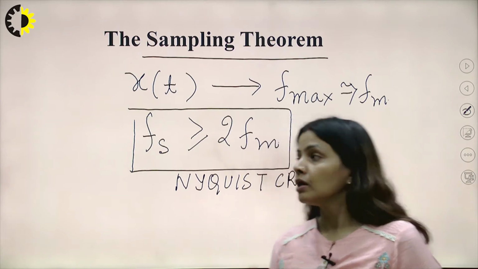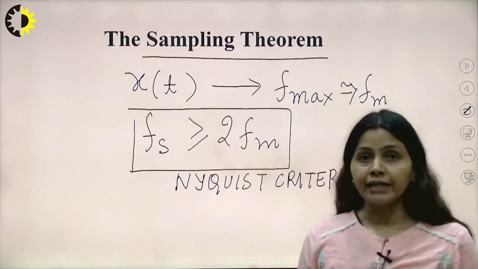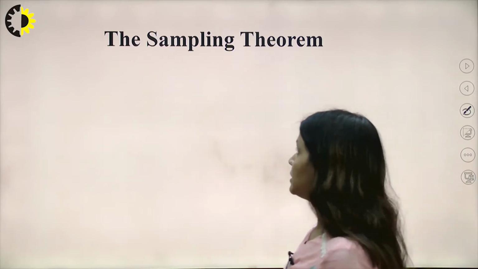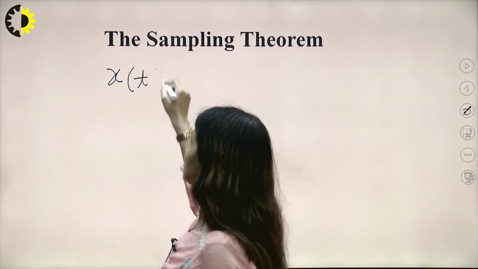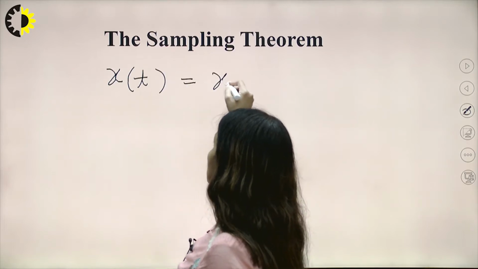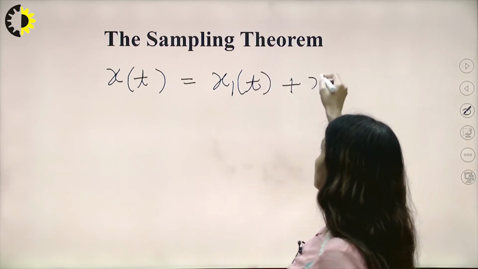Now this is my x(t), and let's suppose x(t) is given as the combination of two signals, x1(t) plus x2(t).